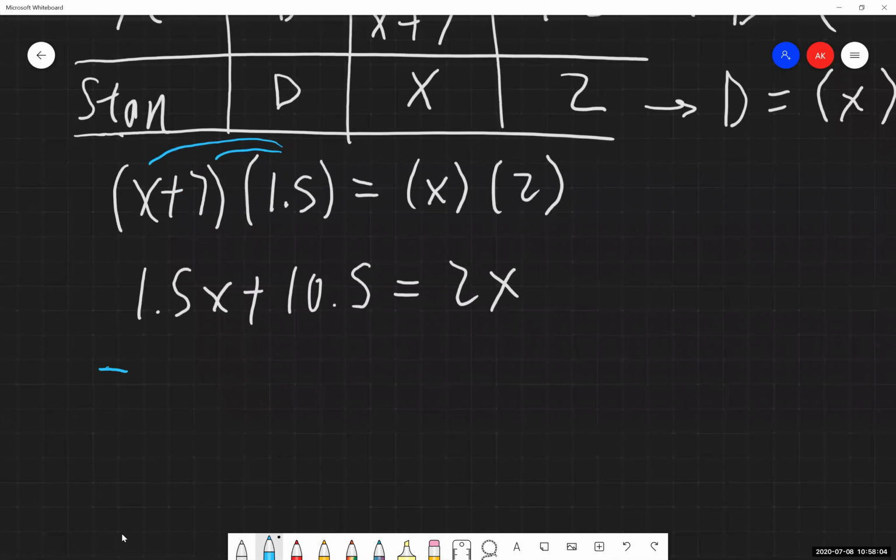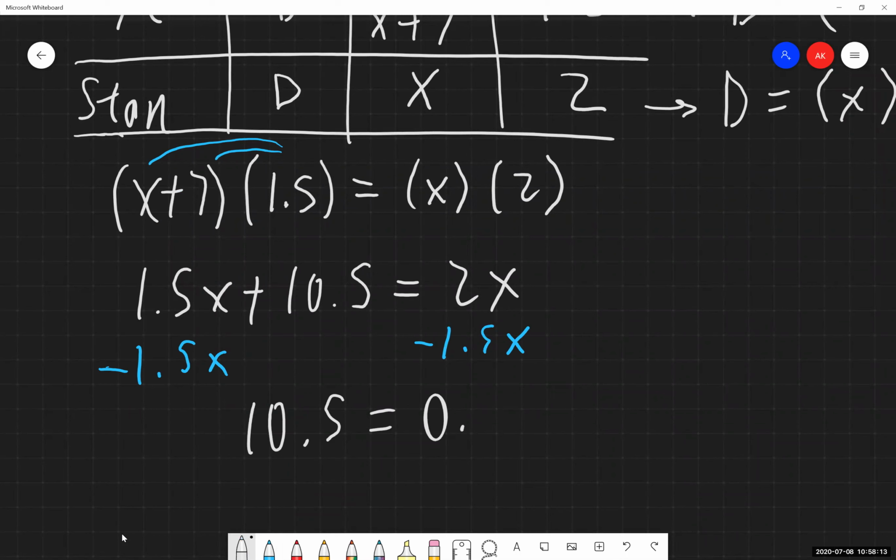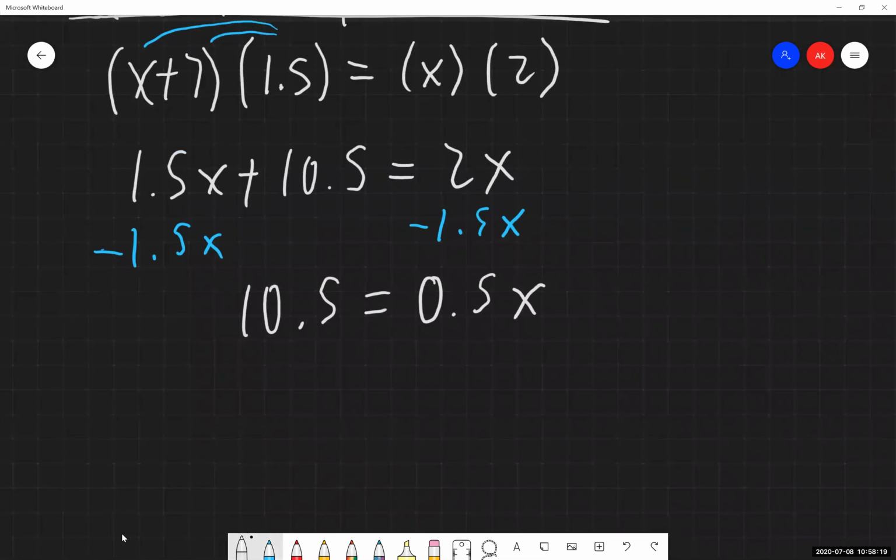Again, this part of the problem should be review, just using our tools that we've used previously, or methods, I should say. And then 10.5 divided by 0.5 is giving me 21.